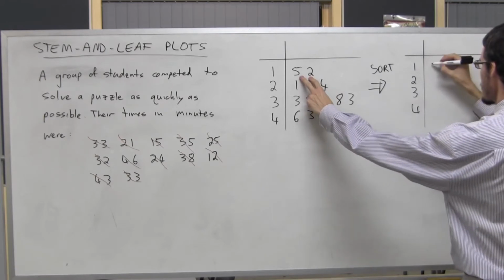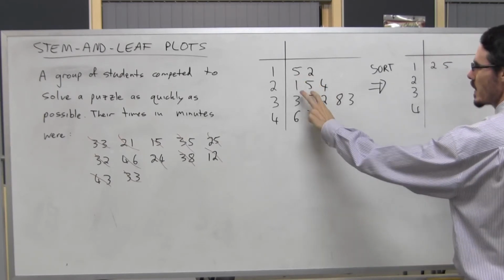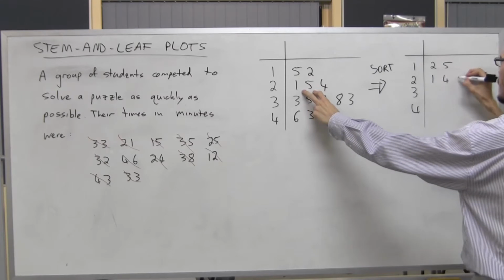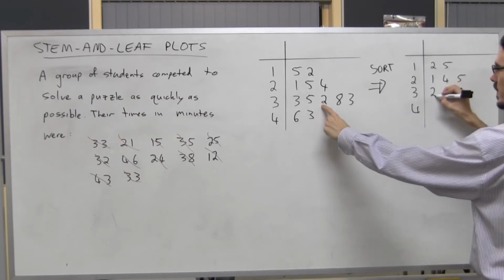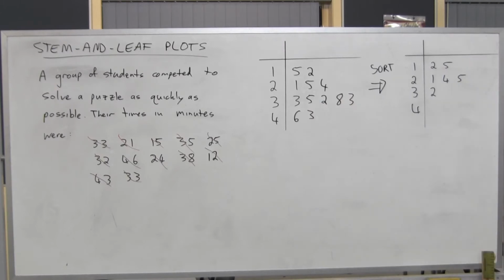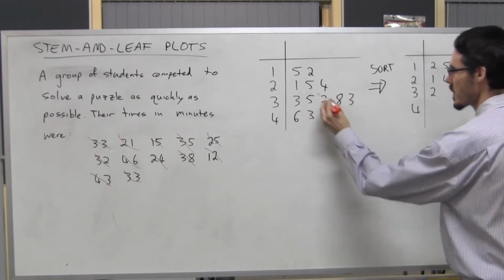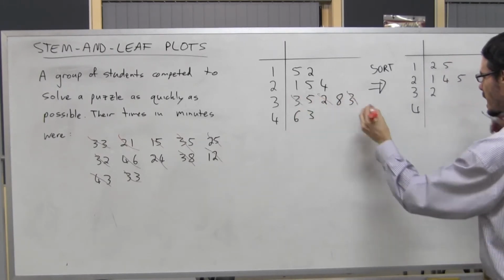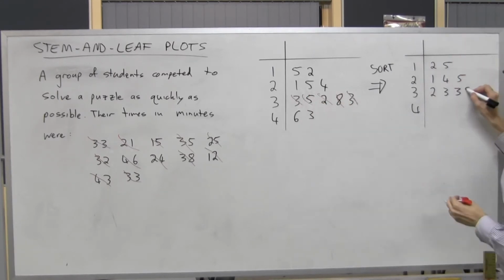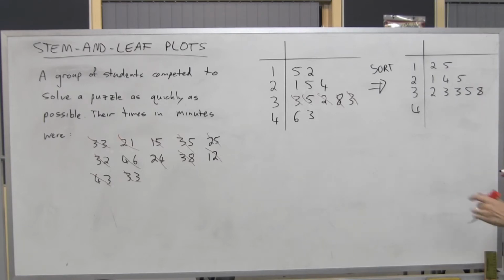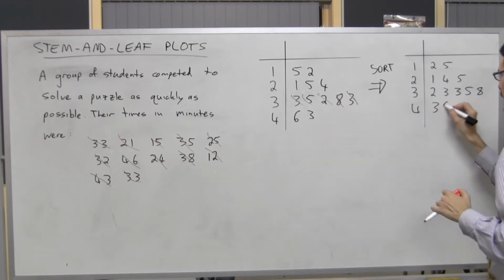This row we're going to sort 2, then 5. This one, 1, 4, 5. Can you see what I'm doing? This one, 2. If it helps, cross them off again as you go. 2, 2 3s, a 5 and an 8. Here, a 3 and then a 6.